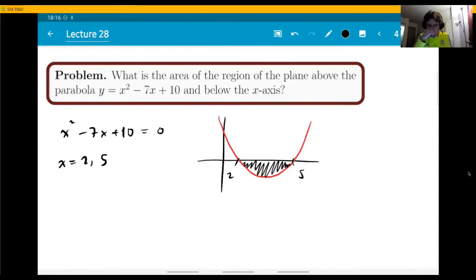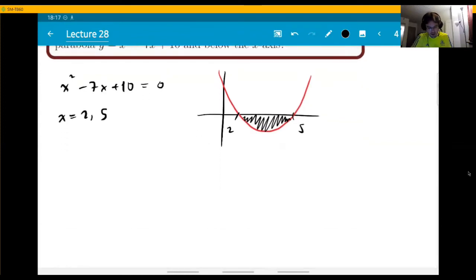And now we can use integrals to describe this area. The area that we want, let me write something, and then we're going to need to add an extra minus sign in front of that. What happens if you take the integral of the function between 2 and 5?